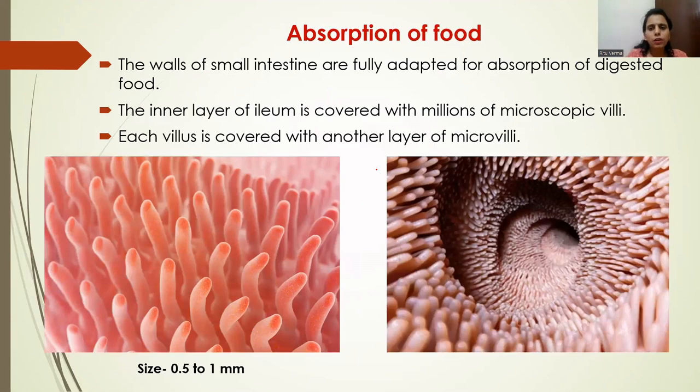The walls of the small intestine have a large number of, millions of, microscopic finger-like projections. The inner wall of the small intestine is covered with millions of microscopic finger-like projections, which are called villi. Here in the picture you can see the microscopic finger-like projections, and on the right side you can also see the picture.